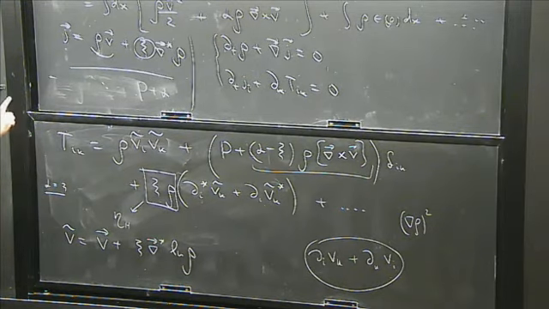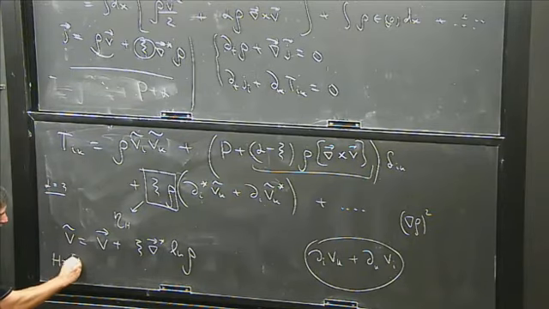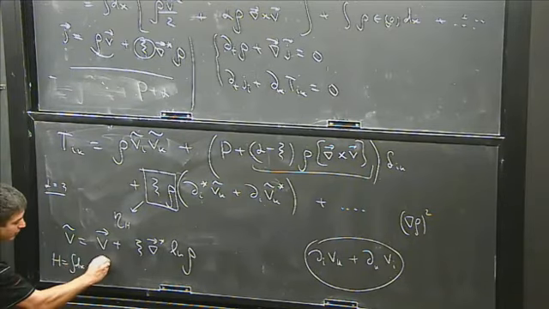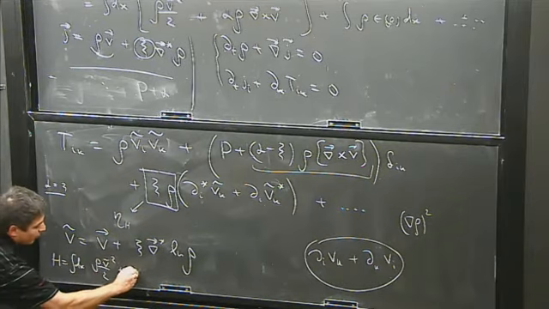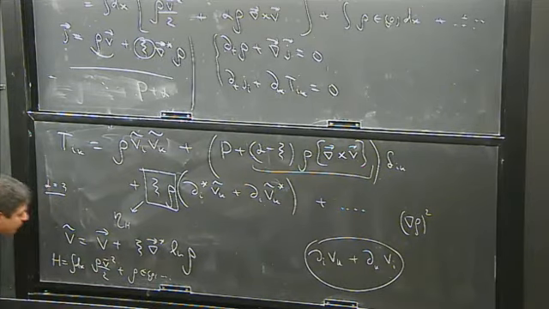notice that if I introduce this v tilde from the very beginning for the particular case of alpha equals psi, then my Hamiltonian is just the integral dx of rho v tilde squared over 2 plus rho epsilon of rho plus so on and so forth.